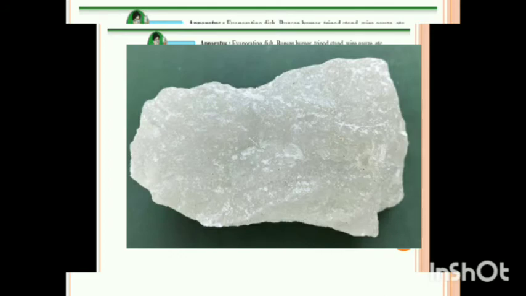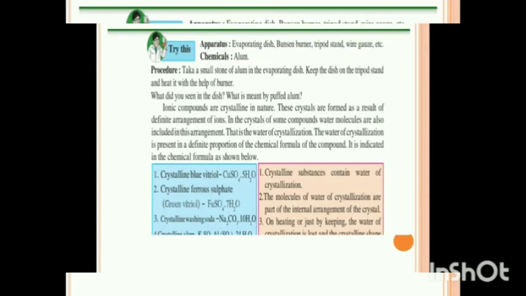Take a small stone of alum in the evaporating dish, keep the dish on the tripod stand and heat it with the help of the burner. What did you see in the dish? You will see that when alum is heated, it loses its water of crystallization and a white swollen light mass of anhydrous alum is obtained, and it is called puffed alum.